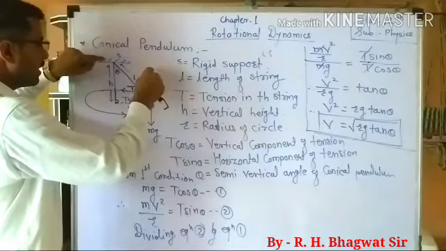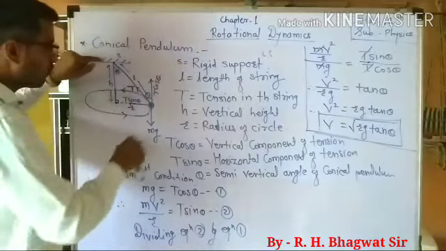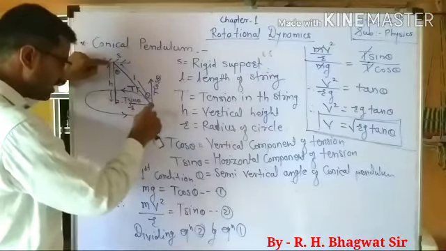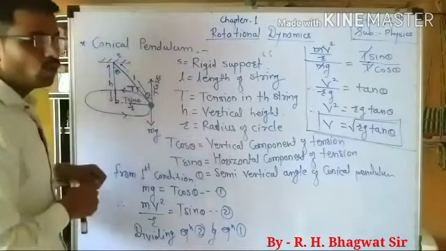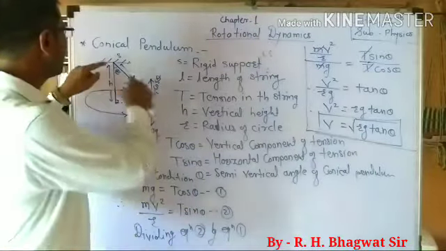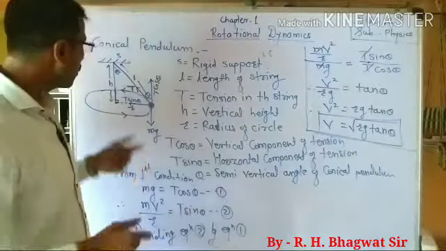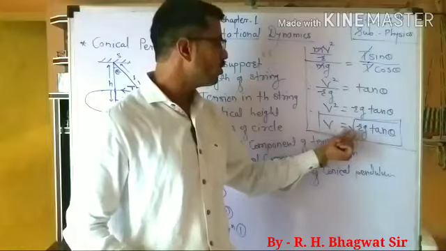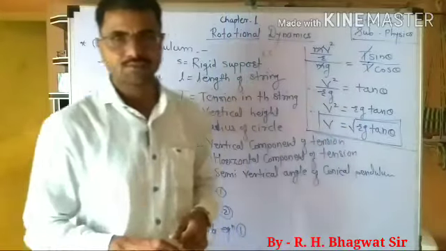When we decrease the linear velocity of the bob, the bob comes down and the radius of the circle decreases, and finally becomes equal to 0. Therefore the radius of the circle and the semi-vertical angle of the conical pendulum depend on the velocity of the bob, which is given by v is equal to under root r g tan theta.